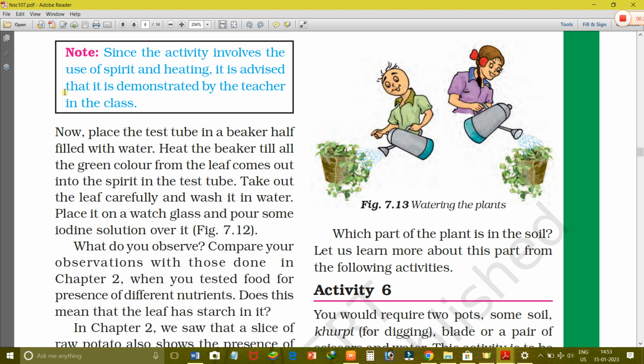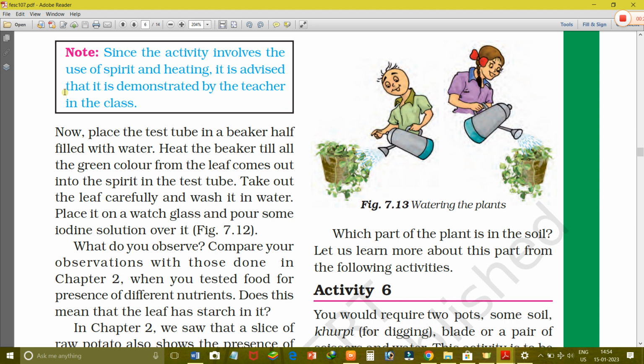Now place the test tube in a beaker half filled with water. Heat the beaker till all the green colour from the leaf comes out into the spirit in the test tube. Take out the leaf carefully and wash it in water.